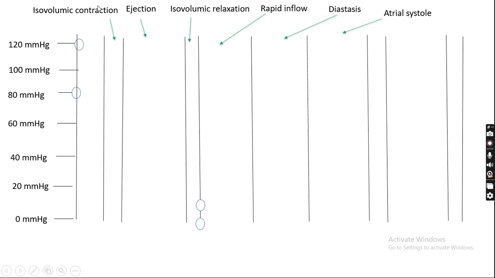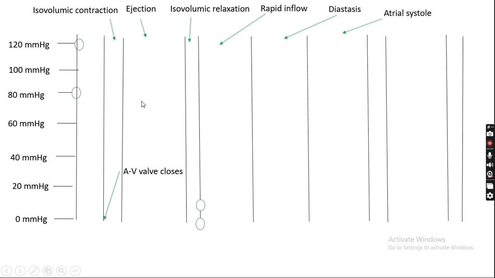Before the isovolumetric contraction phase, the aortic valve remains closed, and at the beginning of the isovolumetric contraction phase, the atrioventricular valve is closed by the atrial blood pressure. So the ventricle becomes a closed cavity and its volume remains same. That means isovolumic. But there is still contraction.